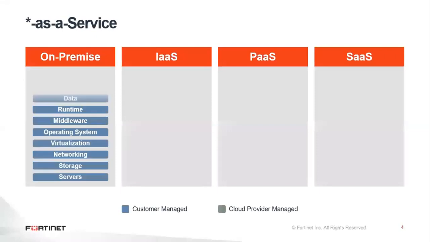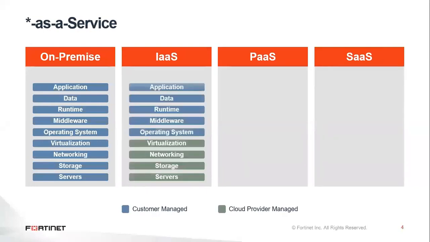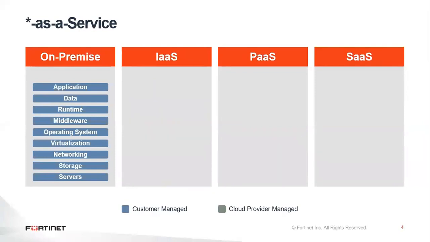So to kick things off, let's set a baseline for what as a service is by talking briefly about the different service models available to customers today. The traditional model, for building a network to host your application, has been on premise, which you guys are familiar with.